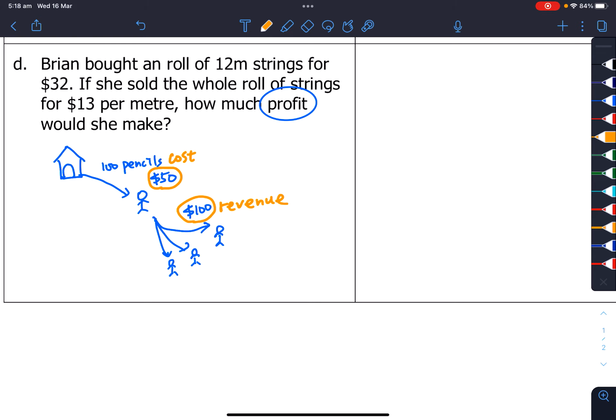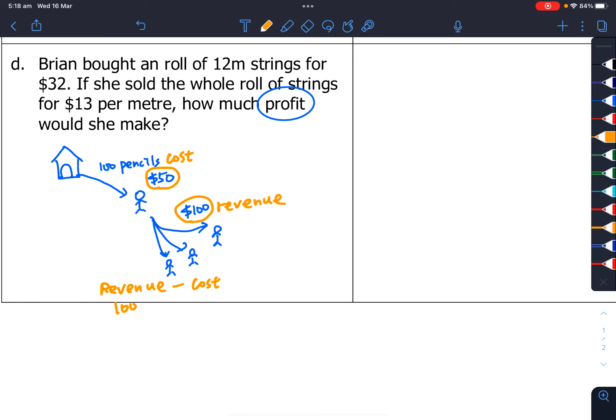Then the profit is the revenue minus cost. So it's just $100 minus $50. You get the answer will be profit.